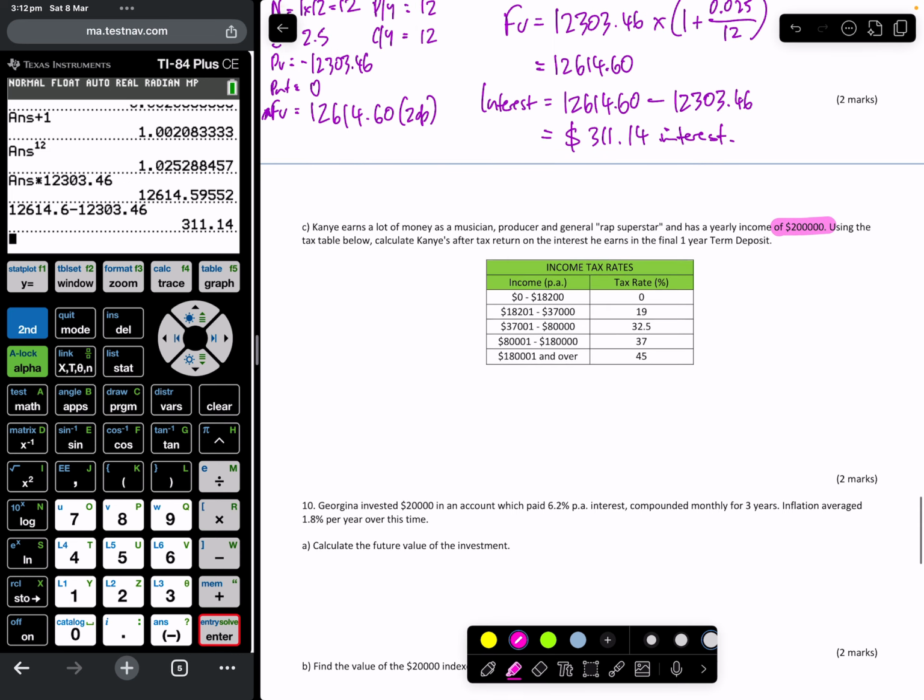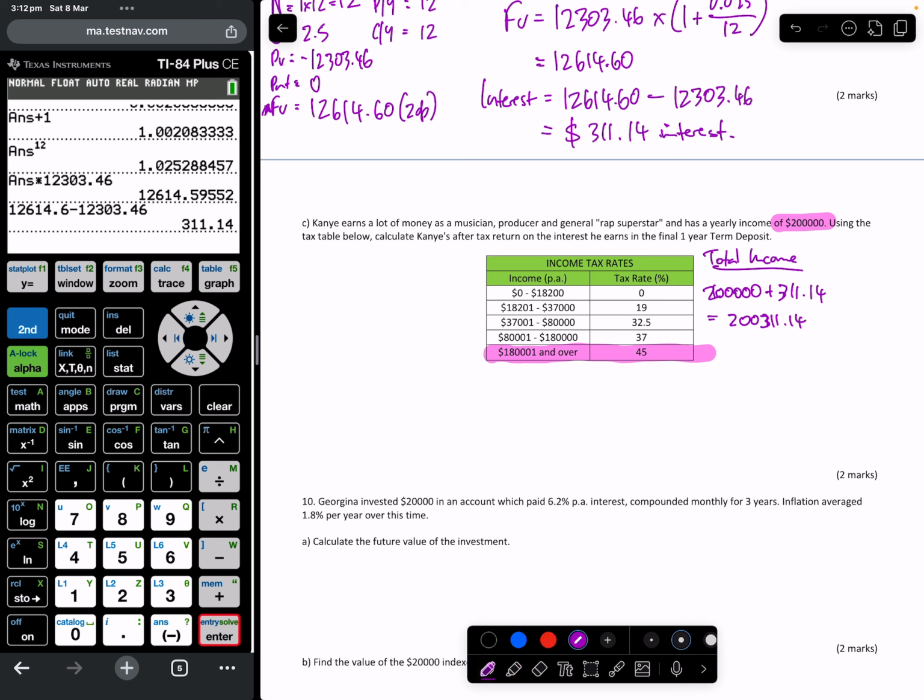So he's in the 45% tax bracket. He earned $311.14 interest, so tax is going to be on the interest times by 45% of that, so 0.45 equals, that's already in my calculator, so just work it out, $140.01 to 2 decimal points.